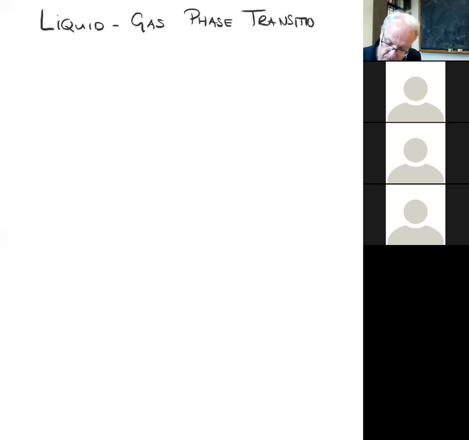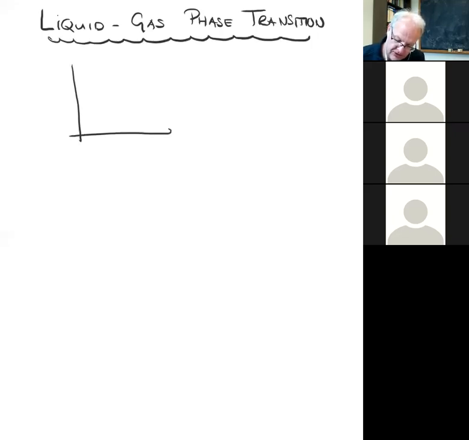So this superficially is a totally different system. We look at a liquid gas phase transition in, say, ordinary water. So there's a phase diagram for that, which you can find on Wikipedia or in the textbook probably.